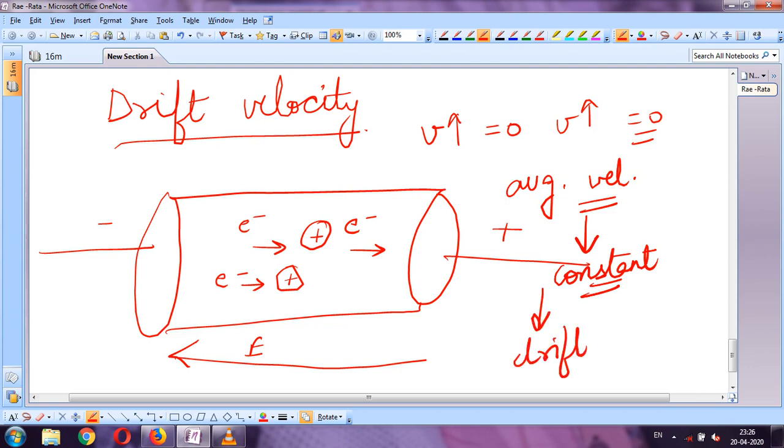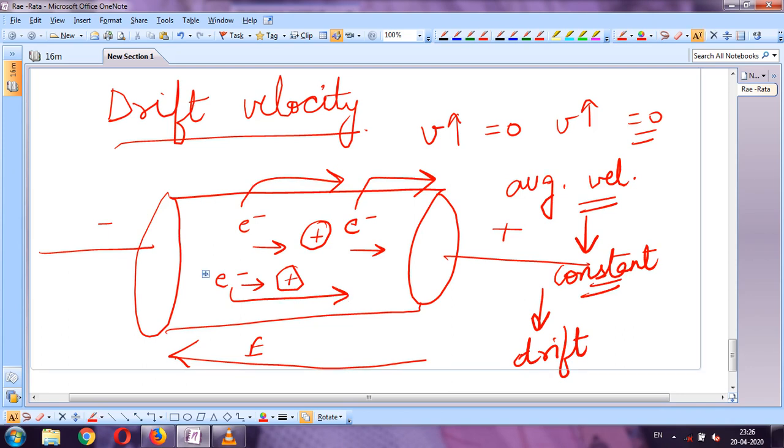Now why drift velocity? Because these electrons are forcefully pushed to move in this particular direction. So when somebody moves due to a force which is applied by someone, at that time we can say that the thing is drifting.